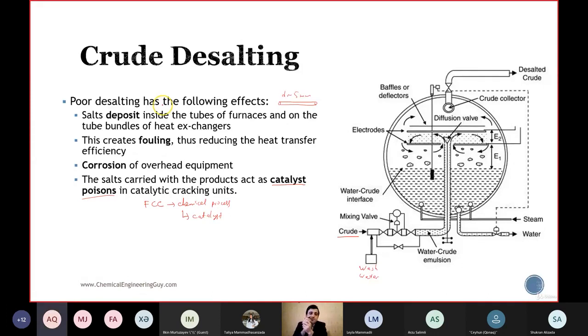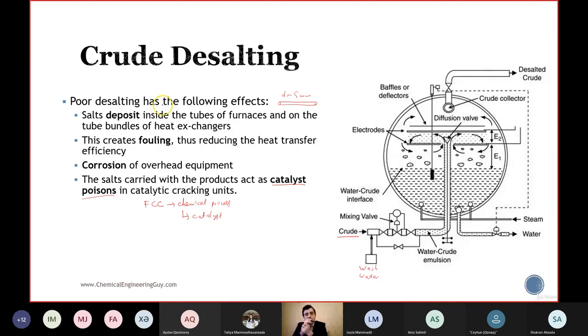Because we need to create some sea level for increasing our sea level. Then we separate our salt from the oil. Not exactly.